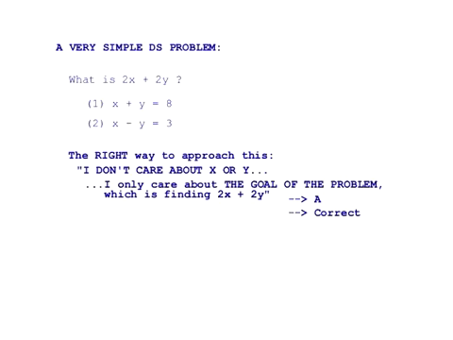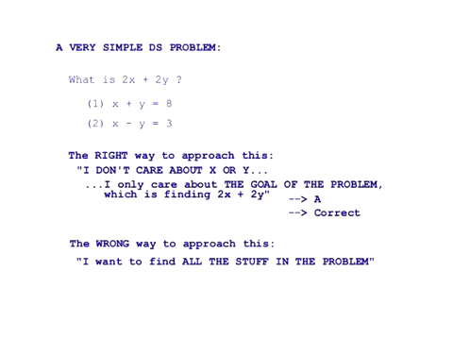The wrong way to approach this would be: I need to find everything in the problem, including x and y. If someone thinks they need to find x and y in this problem, then they're going to pick C, and they're going to get the problem wrong.